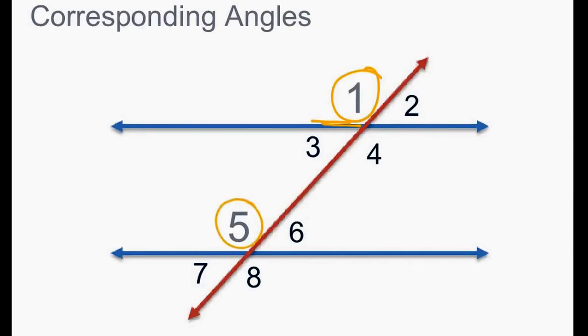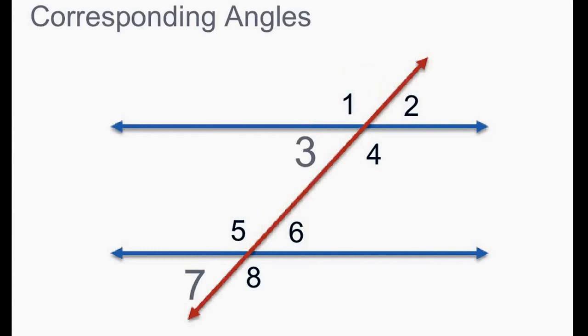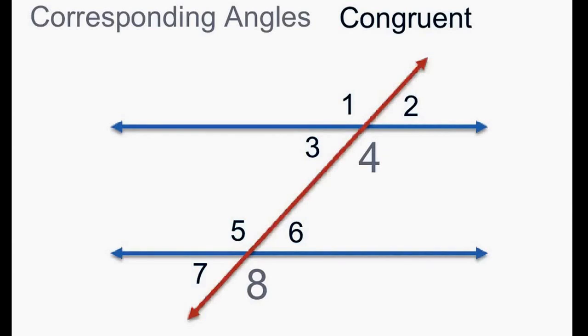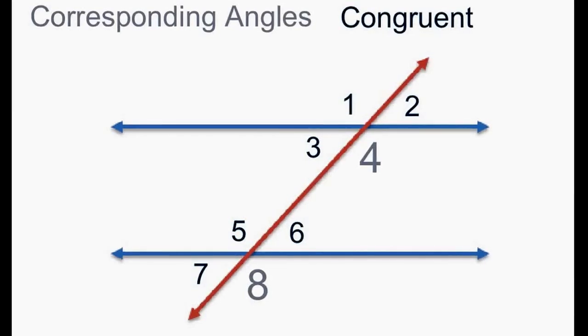It's to the left of the transversal and just above the blue line. So they're in the same position. So angle 1 and angle 5 are corresponding angles. Angle 3 and angle 7 are corresponding. Angle 2 and angle 6 are corresponding. And angle 4 and angle 8 are corresponding. And if the blue lines are parallel, corresponding angles are congruent. They're the same measure.